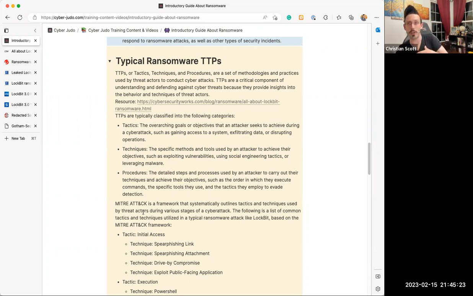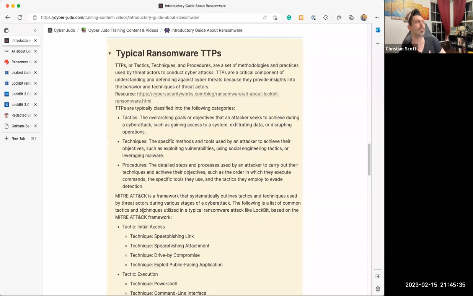And then you can try to emulate that for your red teams and your purple teams, right? And so it's very systematic. That's what I think everyone really loves about the MITRE ATT&CK framework. It's very systematic and very practical to gravitate towards.